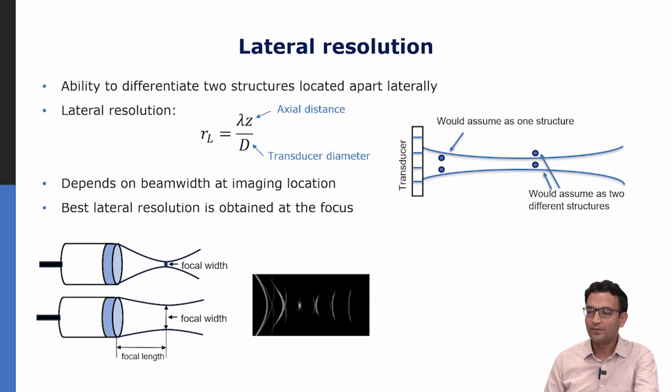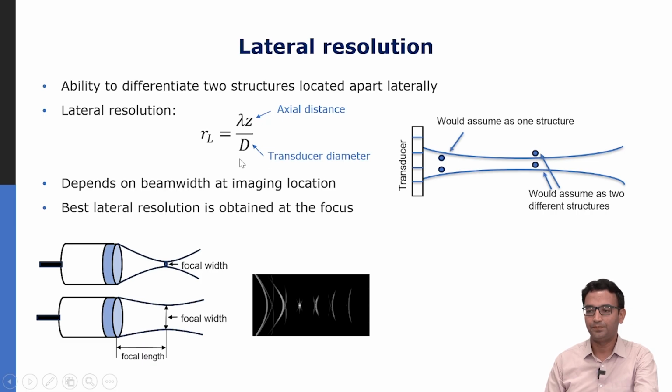And by default, we will not be able to differentiate between these two scatterers. On the other hand, if one of the scatterers is located within a beam and the other is located outside the beam, we will easily be able to differentiate them, and therefore the lateral resolution, or the minimum distance between these two scatterers which can be differentiated by our imaging system, will be dictated by the beam width, which is lambda z by d.